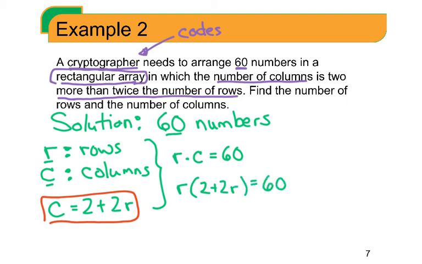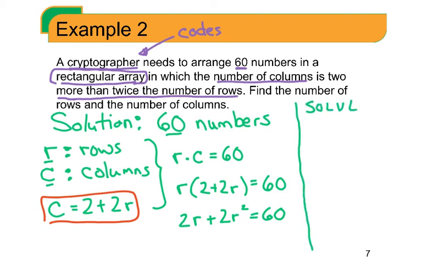And that's the hard part. Once we've got an equation, then we know what to do. Let's multiply this out. This would be 2R plus 2R squared equals 60. And that's the equation we need to solve.